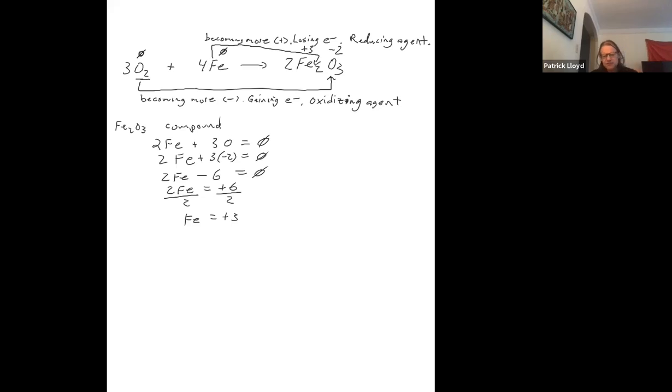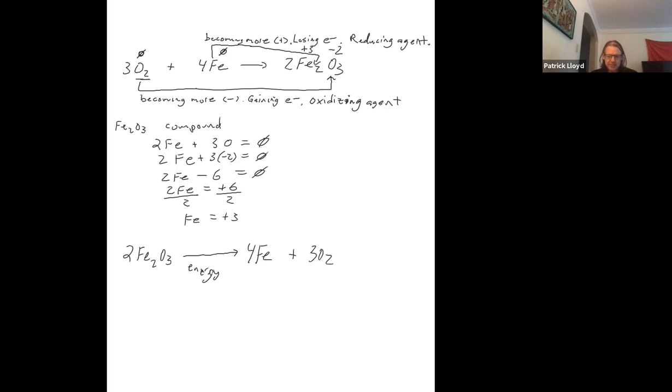So you could do the reverse of this reaction. You could take this, and if you put in energy, then you'll get your 4 irons and your 3 oxygens out of that.